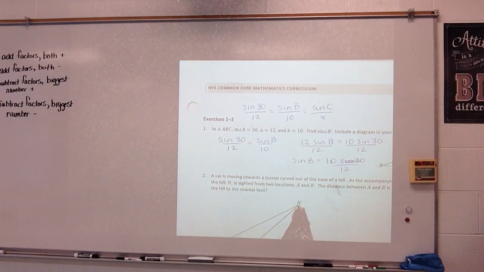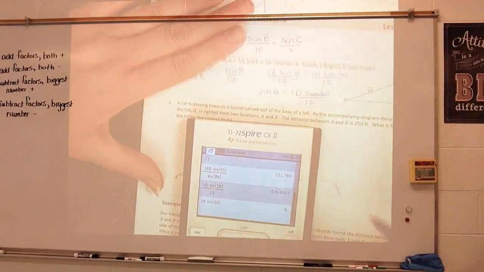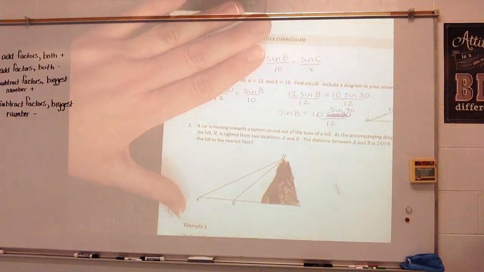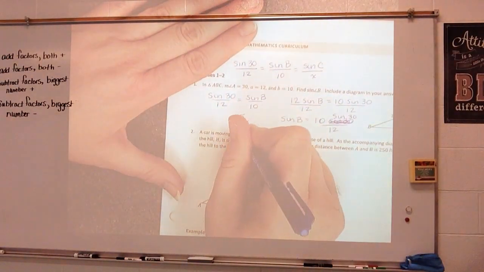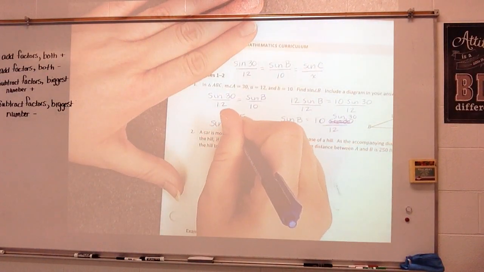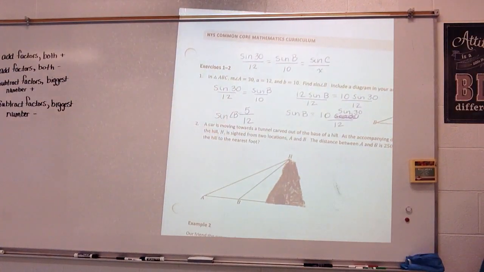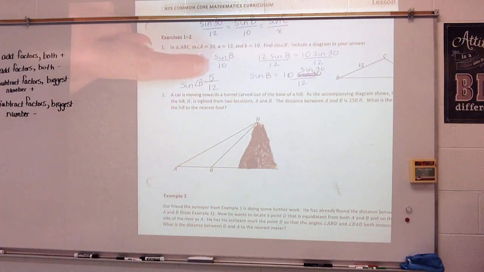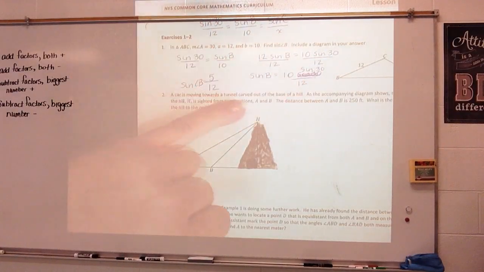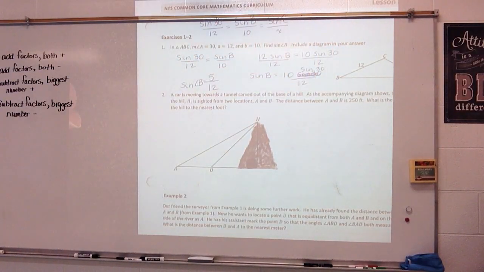Sorry, guys. If I multiply 10 sine of 30, I get 5 over 12. I don't know what I did in the calculator. I must have hit something wrong because I should get 5 over 12. Alright? So don't put it all in the calculator at once. Figure out the top and then you have the bottom. So the sine of B is 5 over 12.